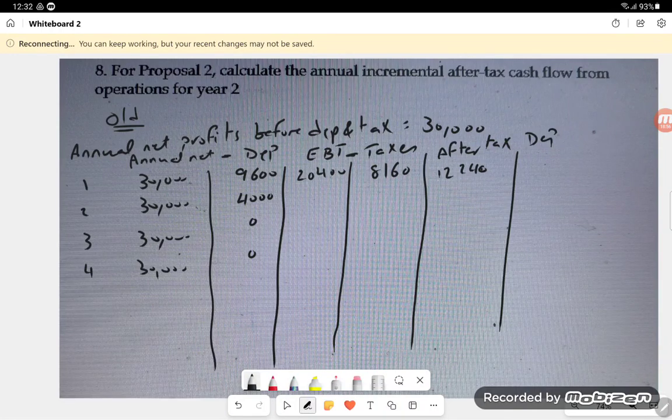So we are going to add depreciation once again. So it will be 21,840.